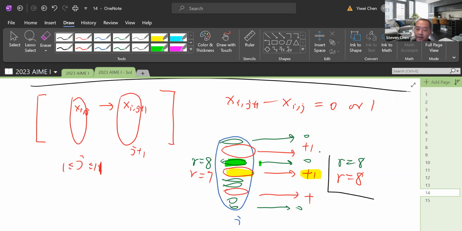So now we get a contradiction, right? We get two different entries that have the same remainder divided by 12. So this violates our condition that for every column, the remainders of all entries should be a permutation from 0 up to 11, which means that we cannot have two entries that have the same remainder divided by 12.